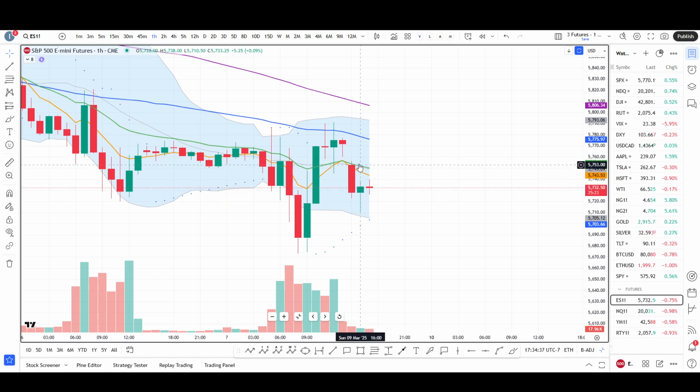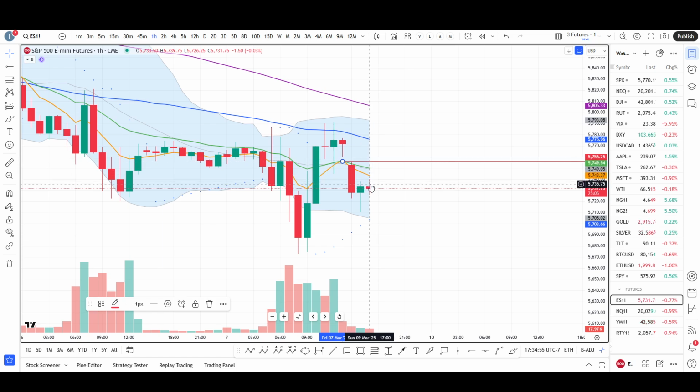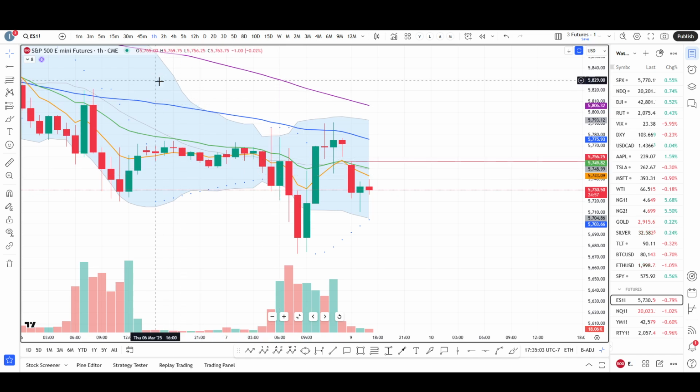If they close above the high of this candle, it would be a bullish closure. This high is 5756.25. If the next candle or next few candles close above this level, then we would be looking for a move higher. But again, this is an hourly frame.